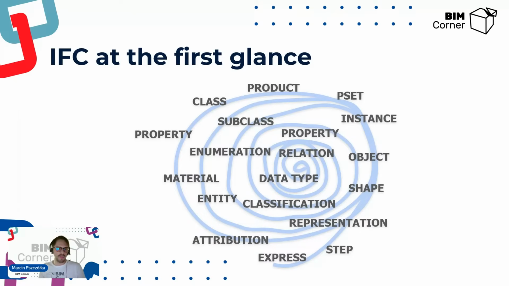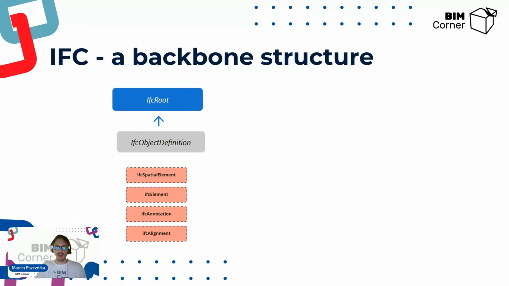But I would like to just, in a short period of time, explain what you should focus on when you start with IFC. When you start thinking about IFC, you always think about the objects. So the first main pillar in this schema is objects. Objects can also be described in a different way.